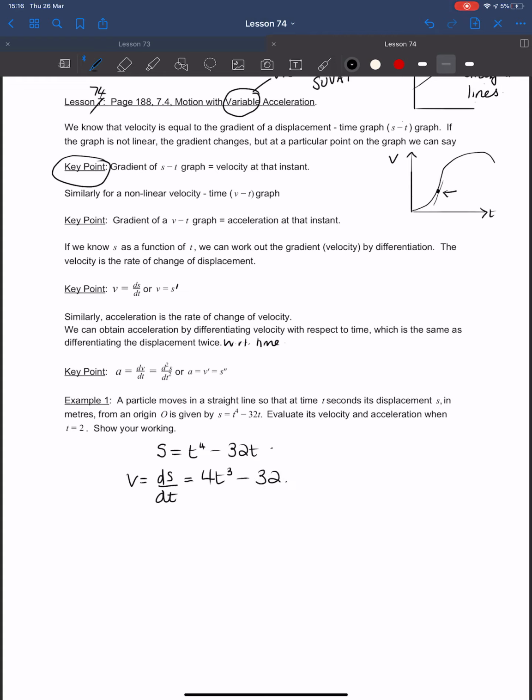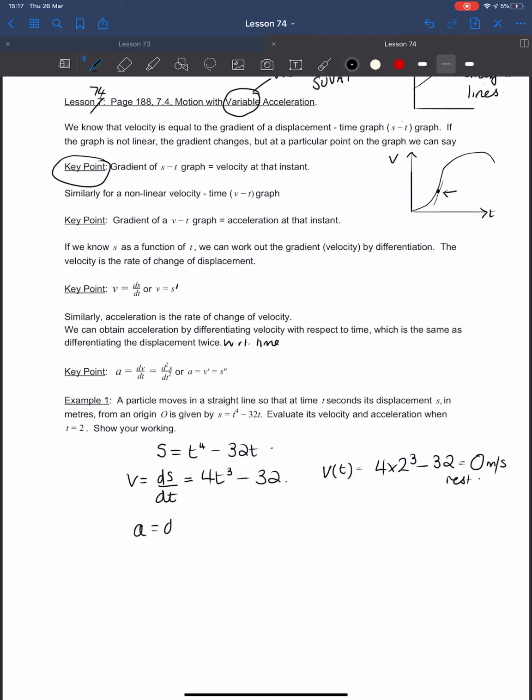It says evaluate its velocity and acceleration when t equals 2. So v of 2 is 4 times 2 cubed minus 32, which is 0. If it's 0 meters per second, it means it's at rest.